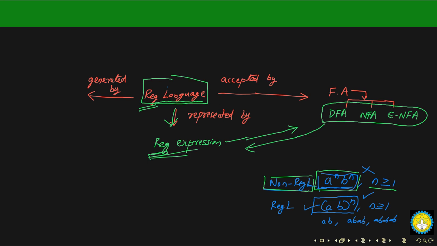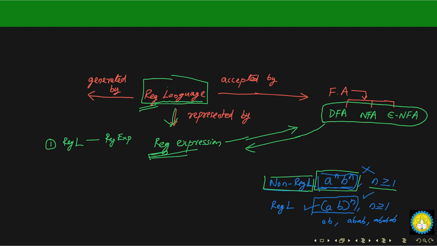You can convert a regular expression to an FA, and similarly, an FA can be converted back to a regular expression. So these are the three things that we are going to look at in this particular unit. First, we'll start creating equivalent regular expressions if we are given a regular language.